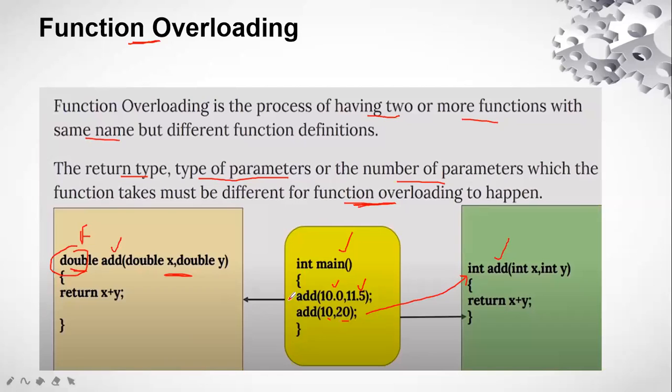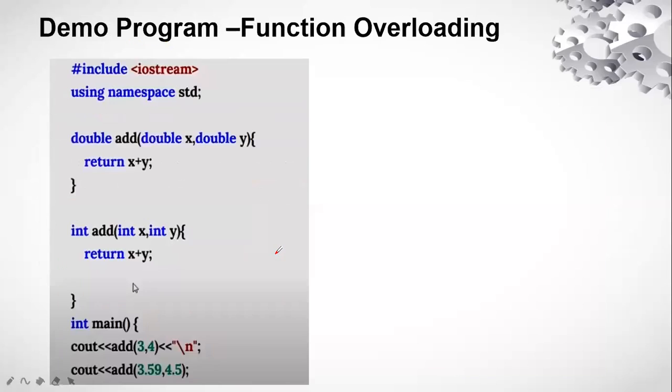Though the two functions are of the same name, they are using different parameters, or different return type, or maybe a different number of parameters, and even then there will be no problem. So this is called function overloading, and this is a very important concept in C++. I hope I'm clear on what function overloading is.